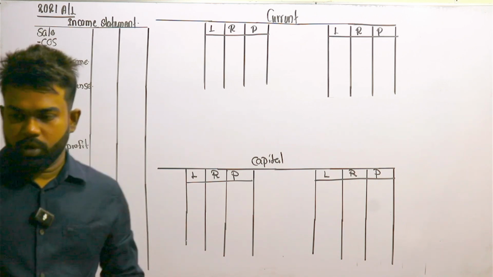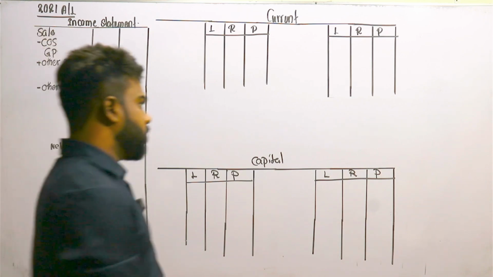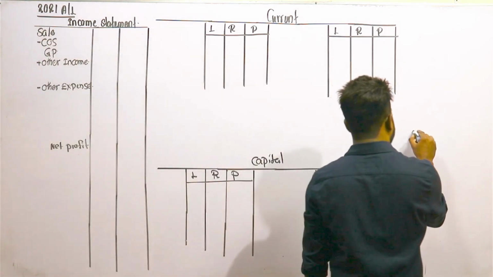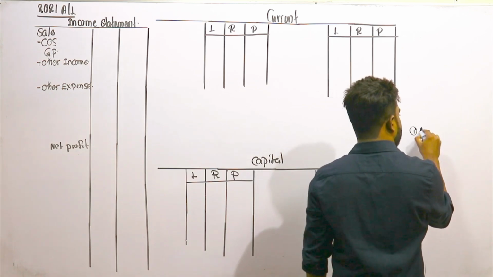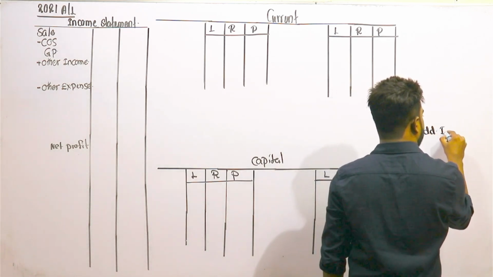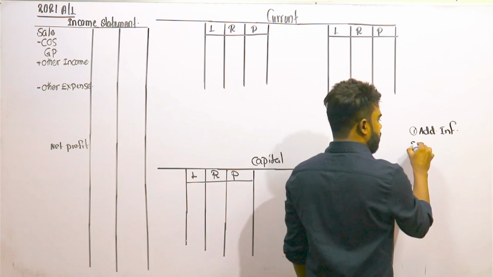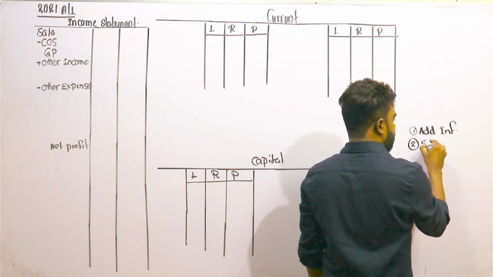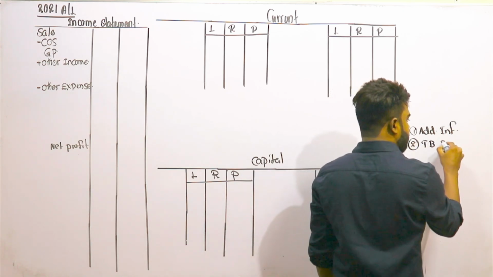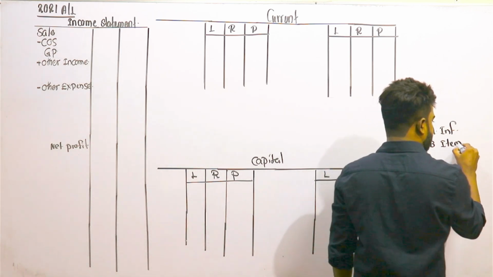So now these are the steps for doing the question. First of all, you have to start from the additional information. Then record the trial balance items, the TB balances.